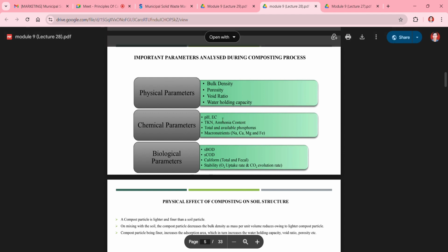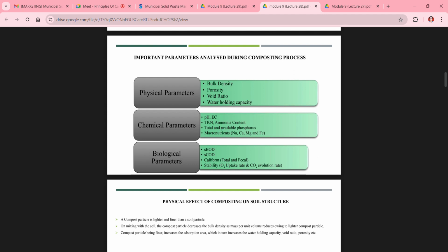Then EC, electrical conductivity, then TKN and ammonia content should be checked. Total and available phosphorus contents, then micronutrients like sodium, calcium, magnesium, and Fe should be checked. That amount has to be in the optimum proportion in the compost material. If it is not in optimum proportion, that is going to affect the health of the soil.